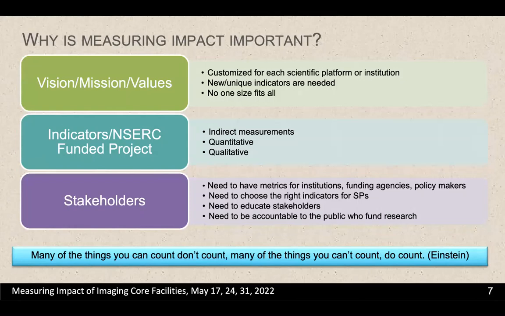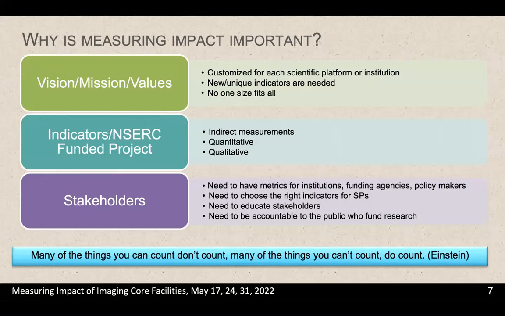And the indicators you want to measure also need to be tailored for each facility, and they may not align well with classical indicators like those that are used for research labs or principal investigators' impact. And what works for one facility may not work for another, so there's not really a one-size-fits-all that will work in every situation.